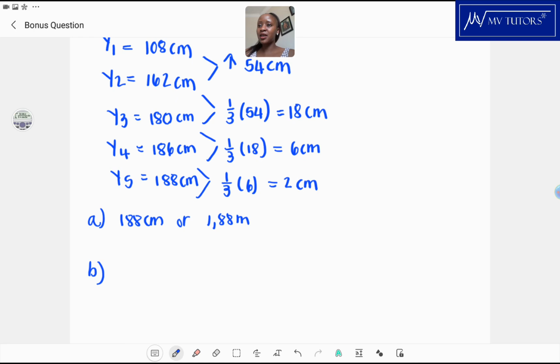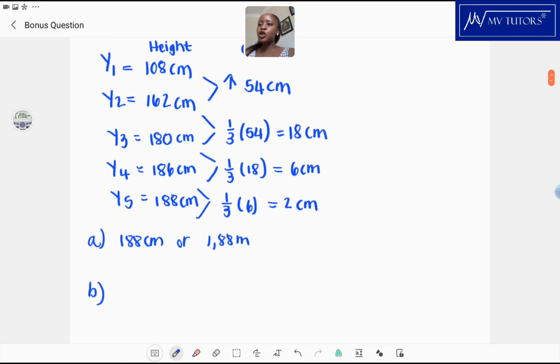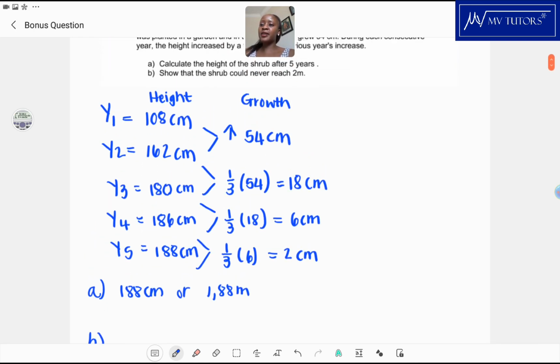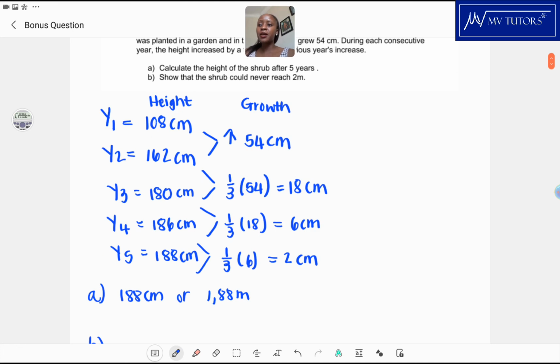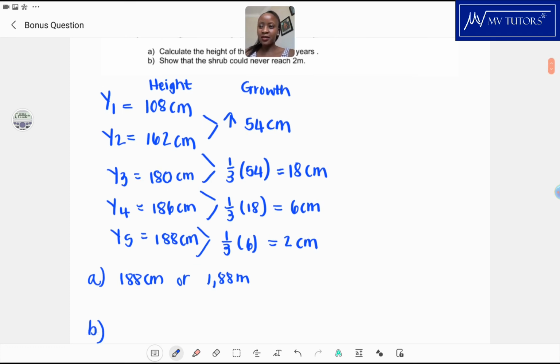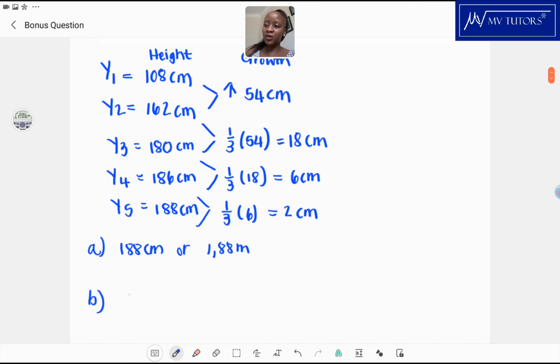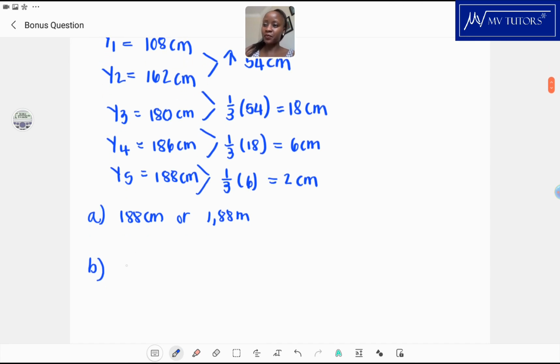If you look again at this trend, the height is neither geometric nor arithmetic. That's not the sequence that you're looking at. The sequence that you really have is the growth. So we're going to look at growth, not necessarily height, and then we'll get somewhere with it.